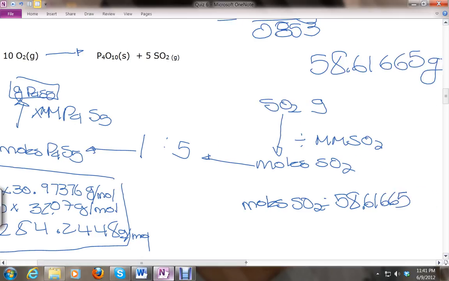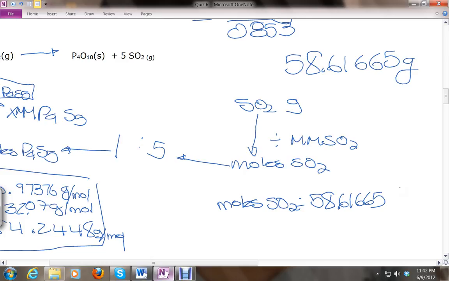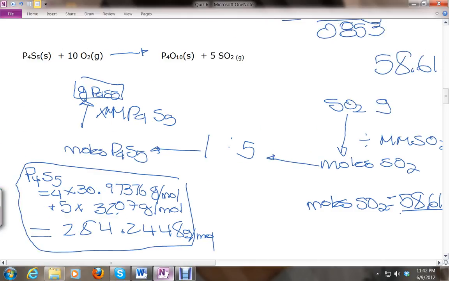58.61665 grams, divided by the molar mass of SO2 that I calculated already, and I'm going to show you anyway, okay?